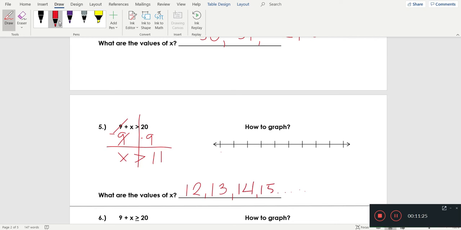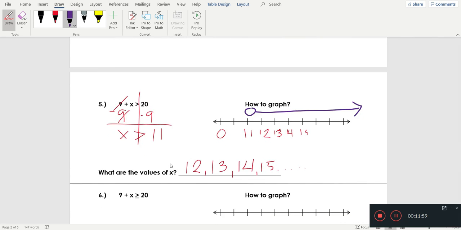So I have here 0, I have here 11, 12, 13, 14, 15. I'm going to put a circle on top of 11, but since 11 is not part of the values, it's an open circle and everything will be just to the right. Those numbers to the right of 11 are the ones greater than 11.